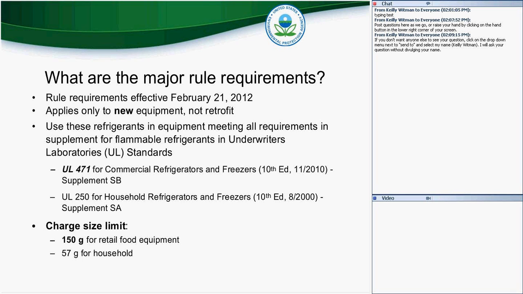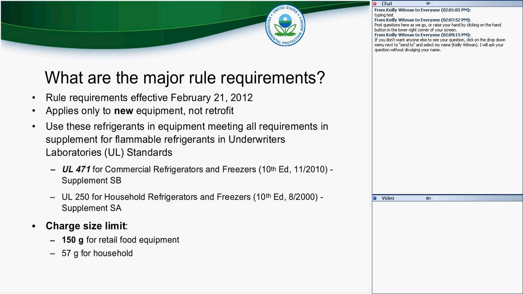There's just one part of that called Supplement SB. For someone actually working in a store, it basically means that when you're considering buying that kind of equipment, you want to ask, does it comply with UL 471? And if you receive the equipment, does it have some indication that it was tested?